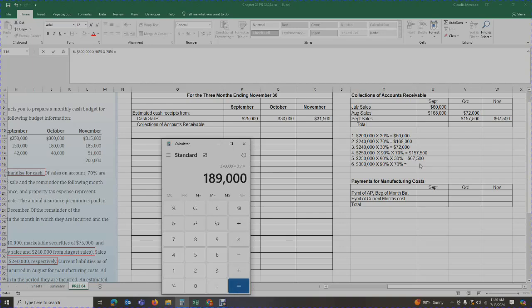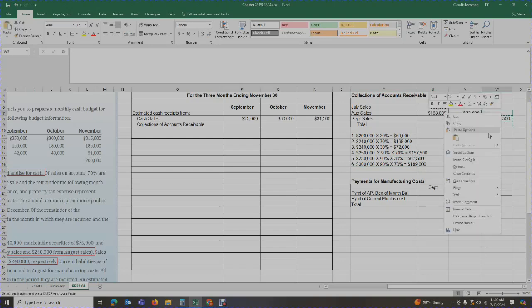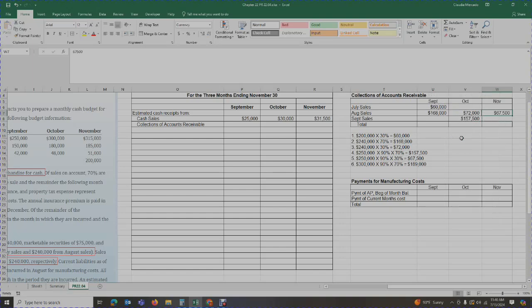That'll give me $189,000. When am I going to collect those 189,000 from October? In November. This goes up here. Sorry about that. And then this goes down here. 189,000. I put it in the wrong cell.